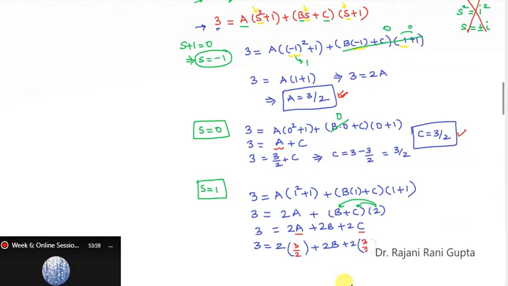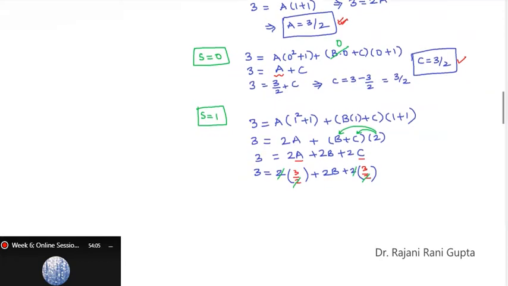We can cancel this 2 with 2, this 2 with 2, which on further simplification gives you 3 is equal to 3 plus 2b plus 3. So we can cancel 3 and 3 on this side. So this gives you 2b plus 3 equal to 0. That gives you 2b is equal to minus 3. This b is equal to minus 3 over 2.